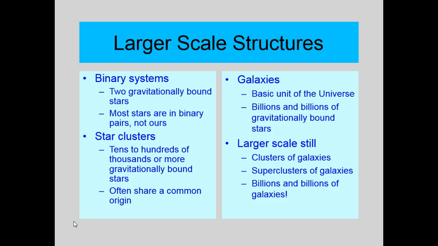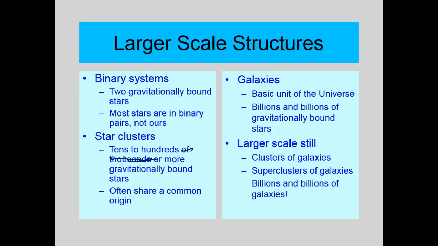The next sentence says, or to billions and billions of stars that form the basic unit of the universe, which is a galaxy. Okay? I don't think that 1,000 should be in there, but I don't know for sure. For right now I'm going to mark it out because it doesn't seem to match the book. So it's just tens to hundreds or more gravitationally bound stars.